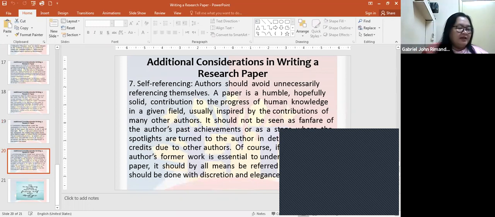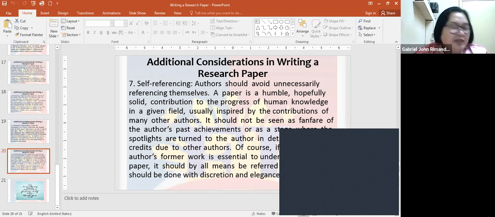Okay, self-referencing. I remember I asked you if you're going to indicate your name among the acknowledgements, no? So that would be under self-referencing. So for us, as much as possible, we avoid yung pagbuhat ng sarili nating bangko, right? Okay, so that is unnecessary in any research work, no?